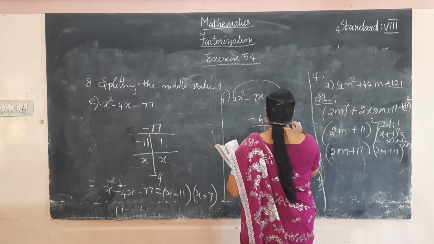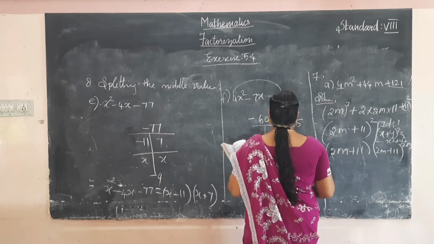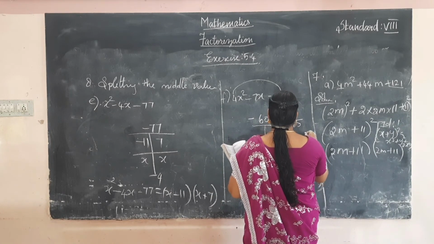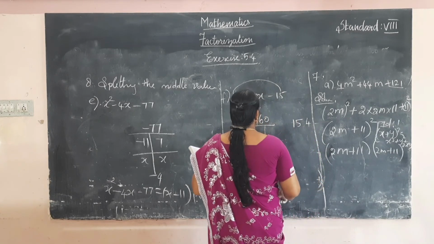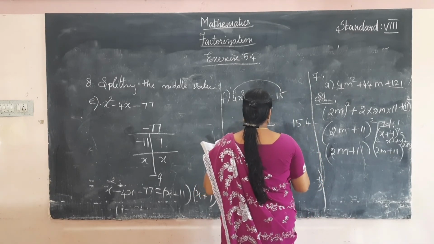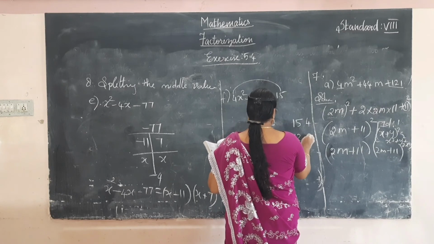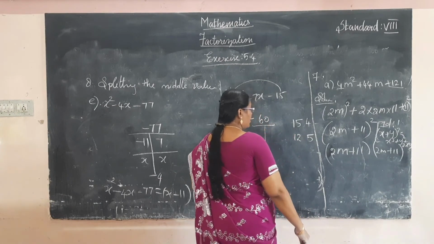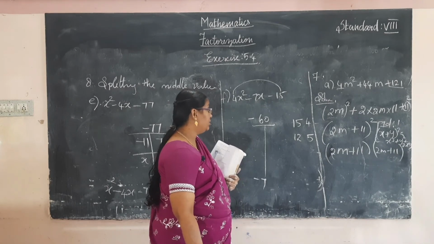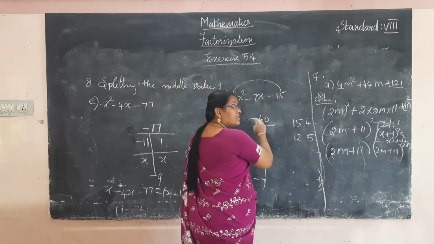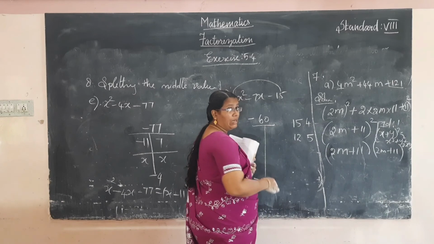So what are the possibilities? 15 fours are 60, it's not possible. 12 fives are 60. Everyone should know the possible factors of 60, then only it is easy to calculate.